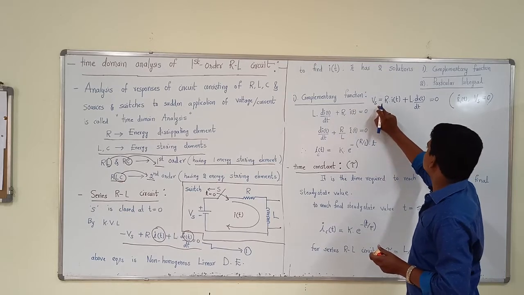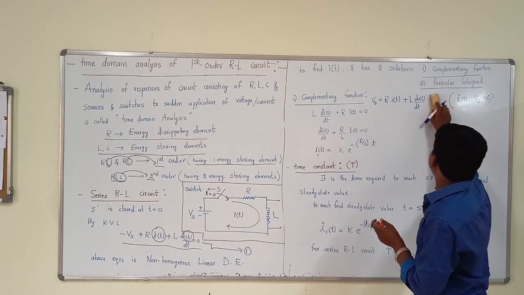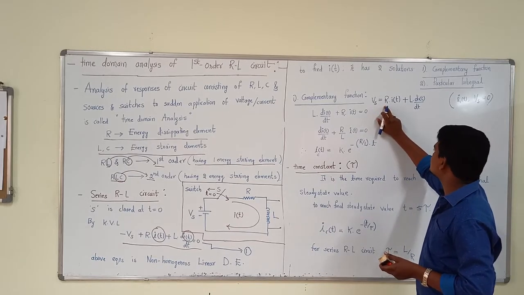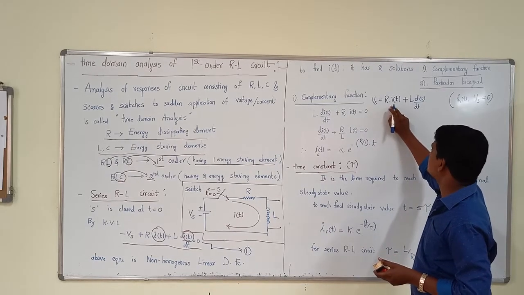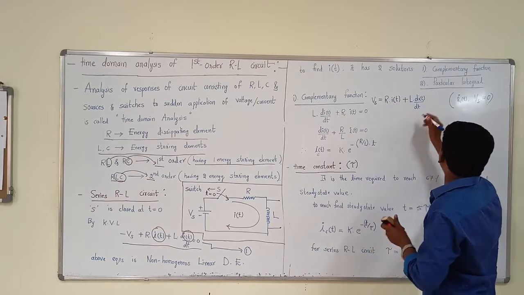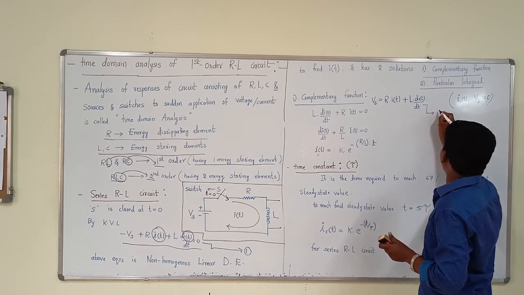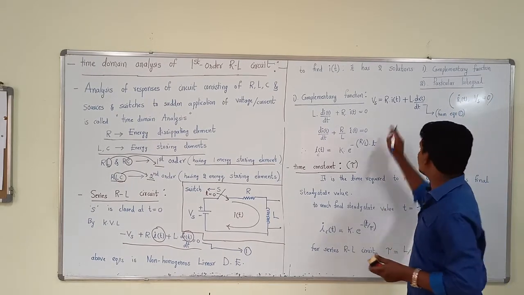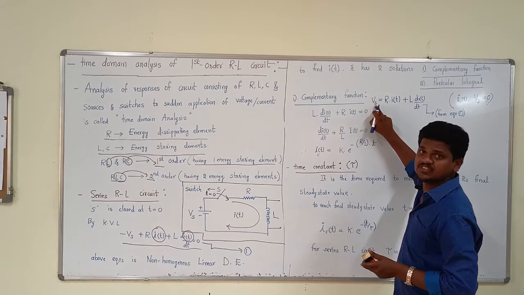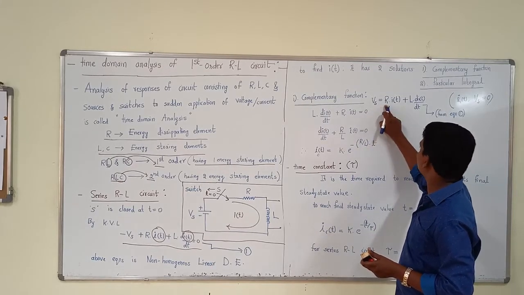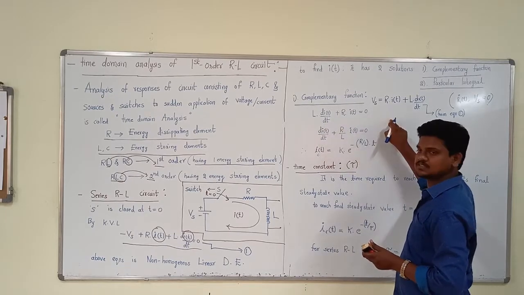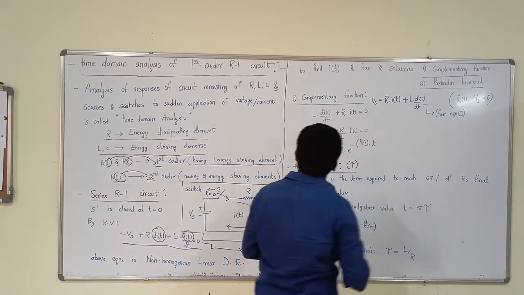So the equation is modified from equation 1, and we remove the source term, equating it to 0. The remaining terms are R into I of t plus L into di of t by dt.